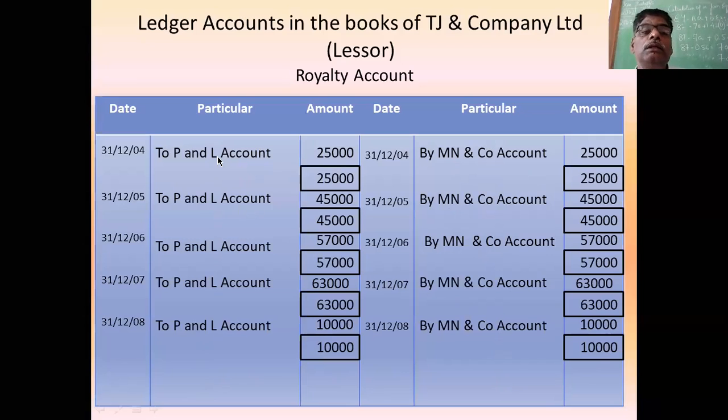But the only change is the name on the debit side comes on the credit side and P&L account goes to the debit side. This is the point you remember. And instead of lessor name, we take the lessee name. These words you remember regarding this account.